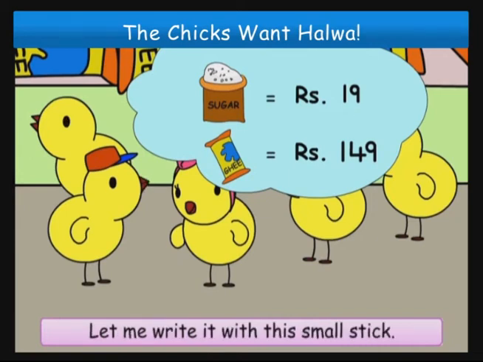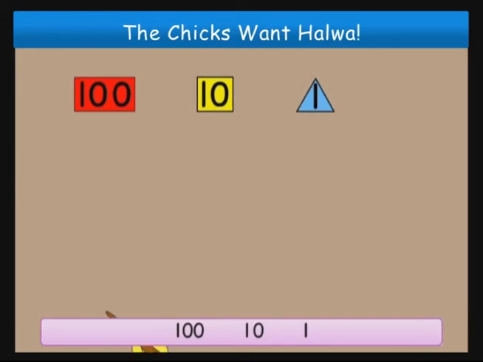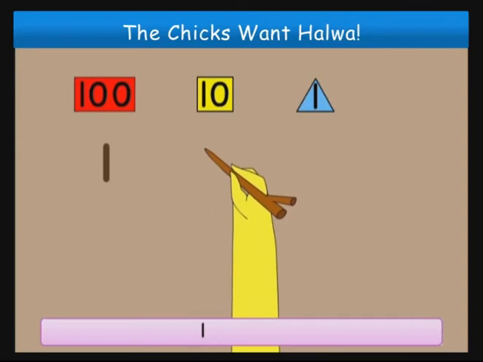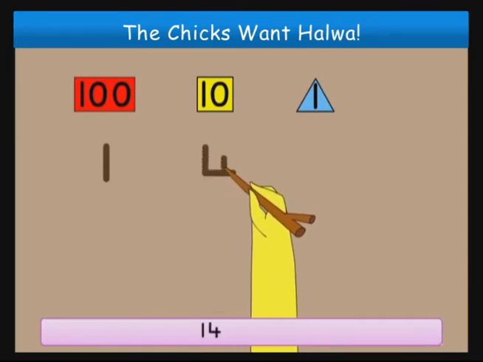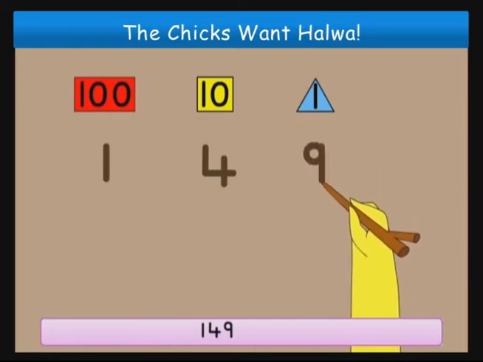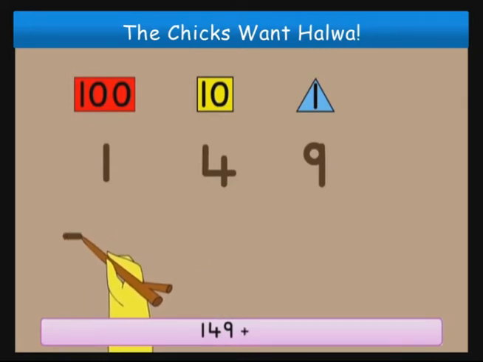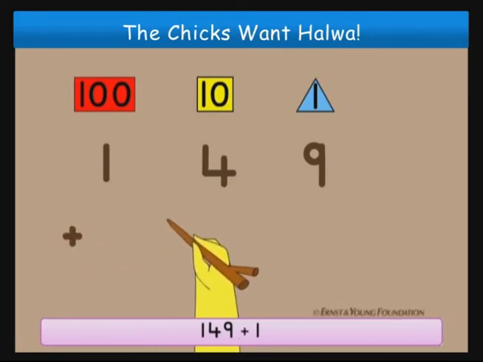Let me write it with this small stick. 100, 10, 1, 4, 9 plus 1, 9.